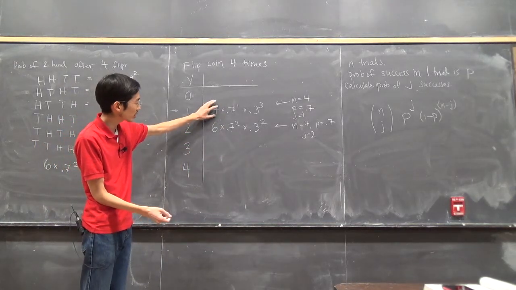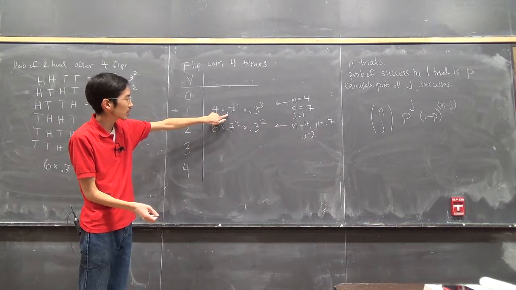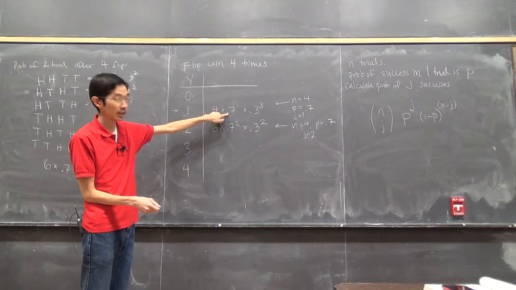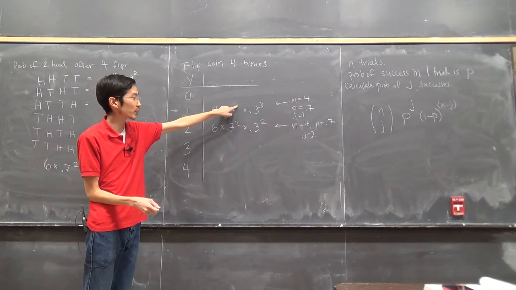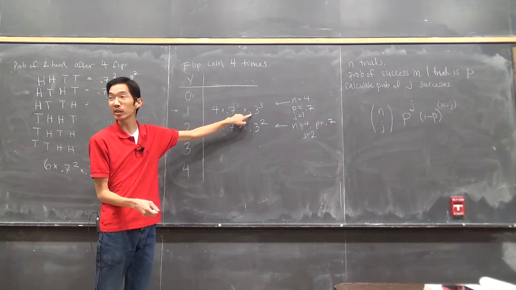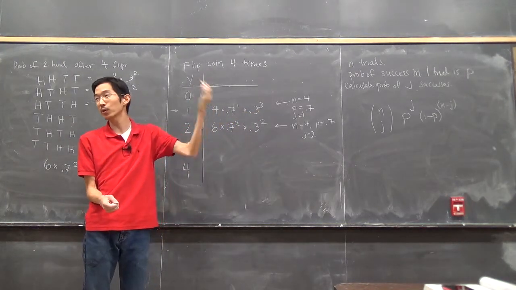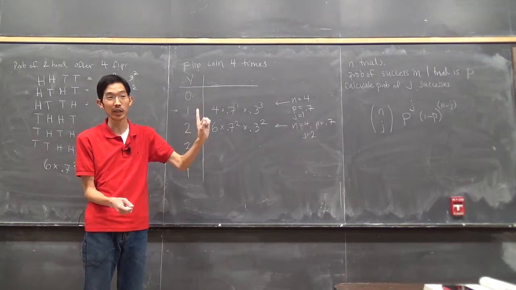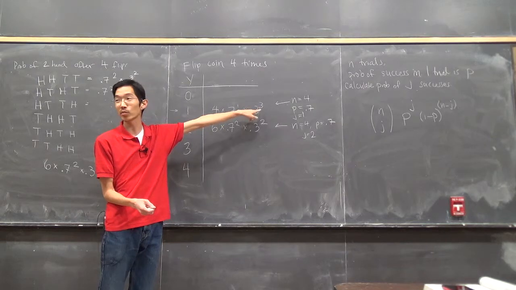So I have this number here, 4, and I have a 6 here, but then the next part is the probability of getting heads, or a success, is 0.7, and that happens one time. Probability of tails is 0.3, and that would need to happen 3 times. If I'm flipping the coin 4 times and I'm looking for exactly one head, that means I get heads 1 time and tails 3 times.